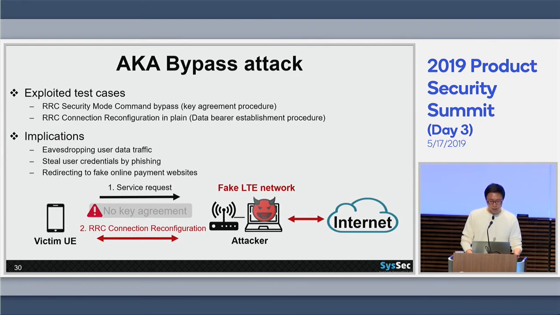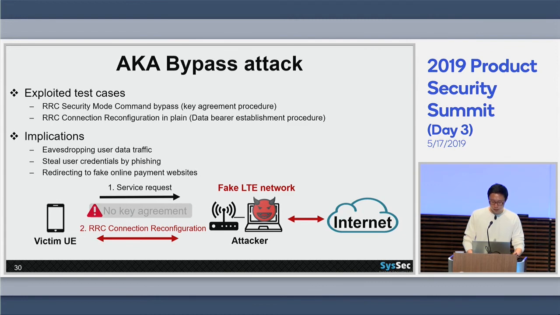And the last attack is the ACA bypass attack. This attack exploits a vulnerability in some of the baseband chipsets. Here, an attacker installs a fake LTE network and waits until the victim UE connects to it. At the time the victim UE tries to connect to the attacker's fake LTE network, the attacker just skips the key agreement procedure, which is a mandatory procedure for encryption and authentication of further communication.